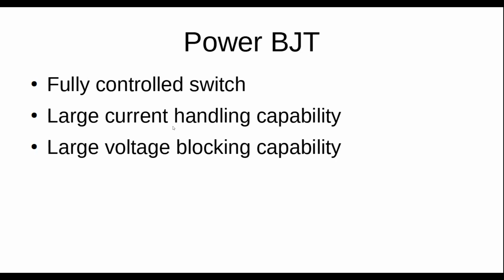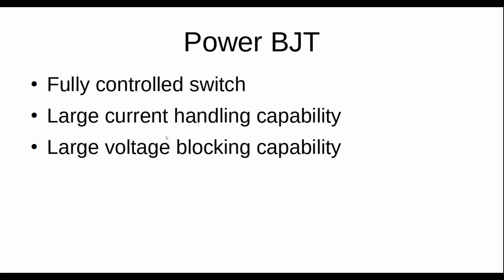But in this case, we are looking at something that can handle much more power, maybe something you could use in a power amplifier, like a class B or class D type amplifier, because in those cases you're really doing switching.